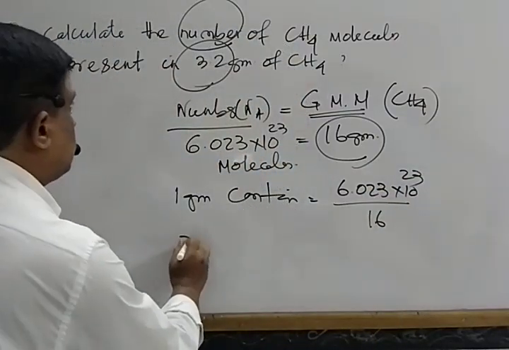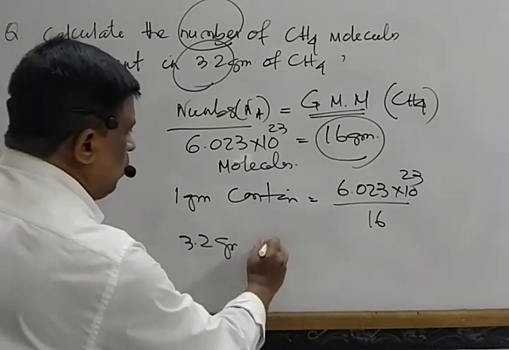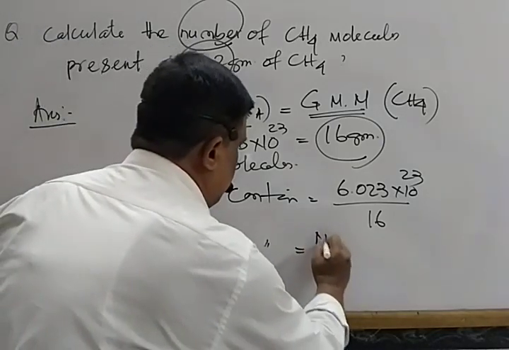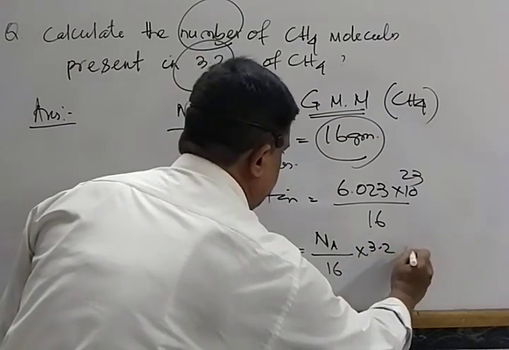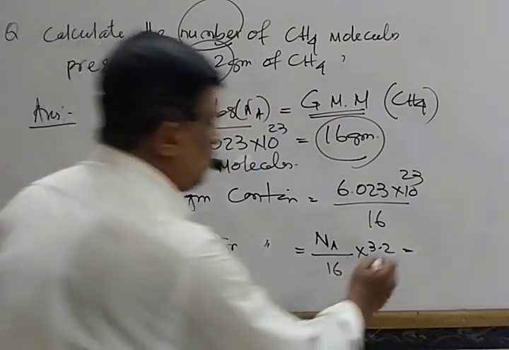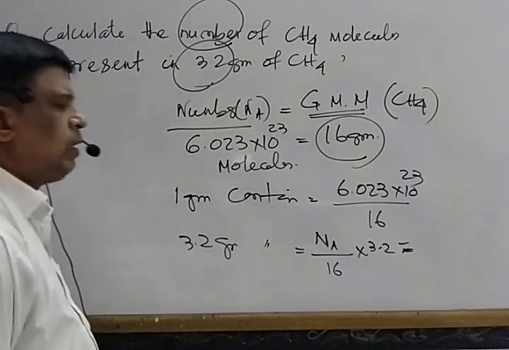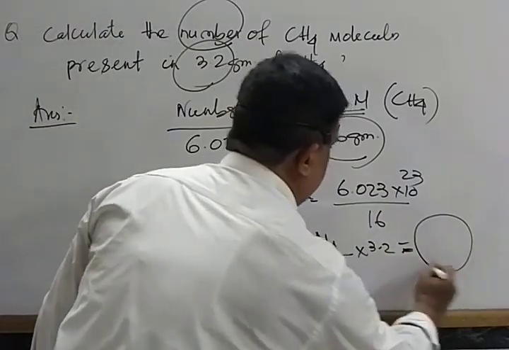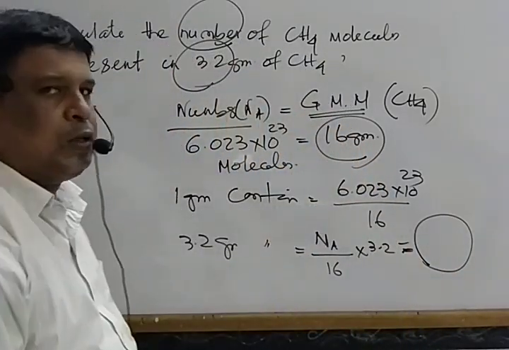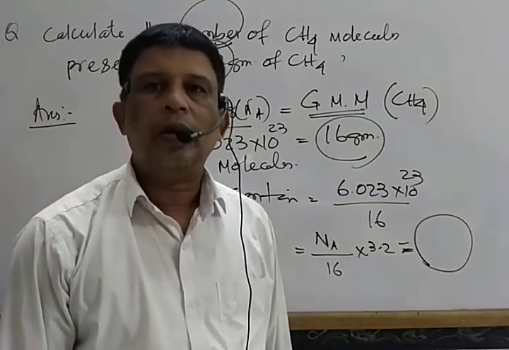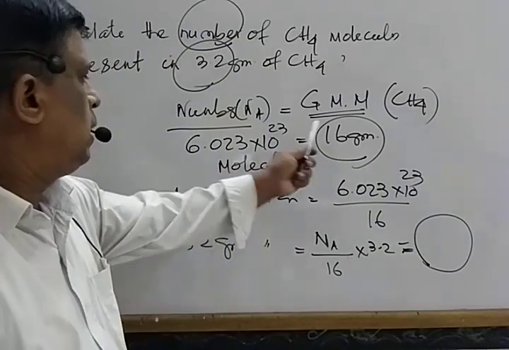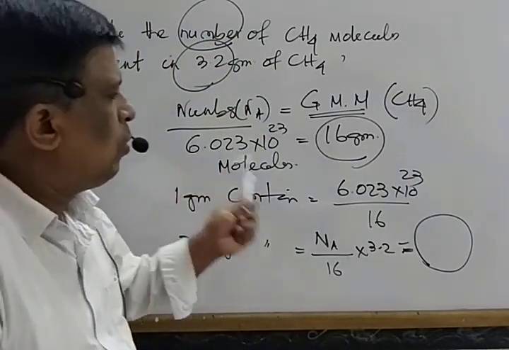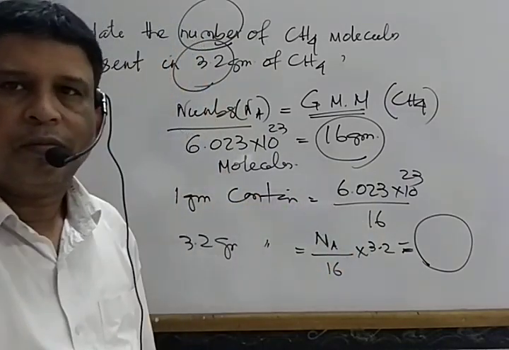For 3.2 gram, it is Avogadro number divided by 16 into 3.2. Mark that. Solving this value, one is able to calculate the total number of molecules present in 3.2 gram of methane. So this is one question from this relationship.